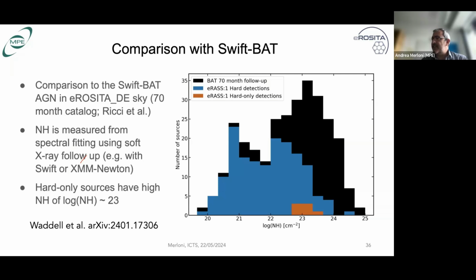But the largest investment of resources for us is 4MOST. So 4MOST will start its survey sometime in 2025, around summer, I think. And there are 2 programs in 4MOST that will follow up X-ray eROSITA sources of the full eRASS 4-point-something survey that we have, down to much fainter magnitude.